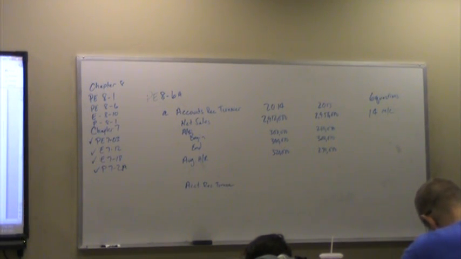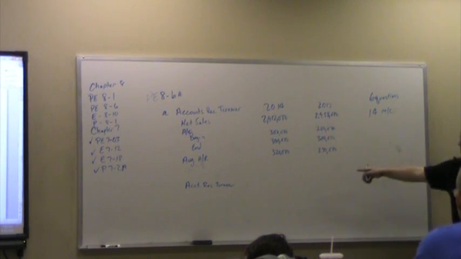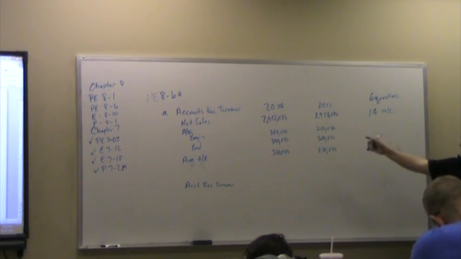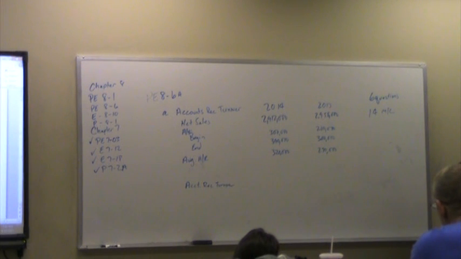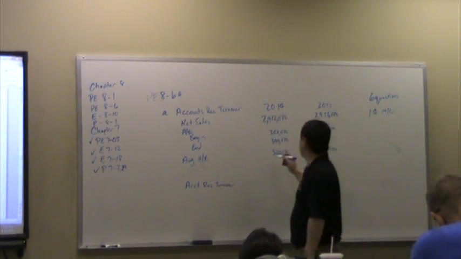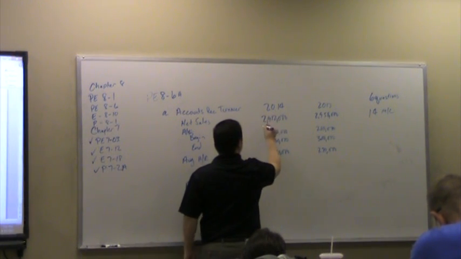Okay, do you remember back, I think it was in chapter 5, we kind of did some of these things here. So what's our turnover then? For the first one, 2014, let's just do 14 first. Left side. Remember how to do that? Divide by 365 days.